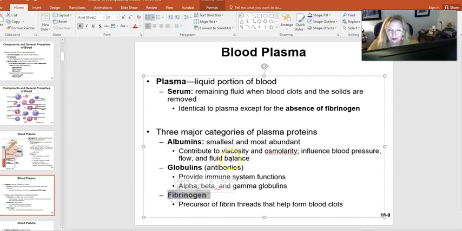Fibrinogen is going to be one of those clotting factors. It's one of many that is circulating around in case you need to have a blood clot form. Like I said, you stub your toe, or you floss too hard, or you sneeze too hard, or whatever you might do, that you need to have blood clots formed.